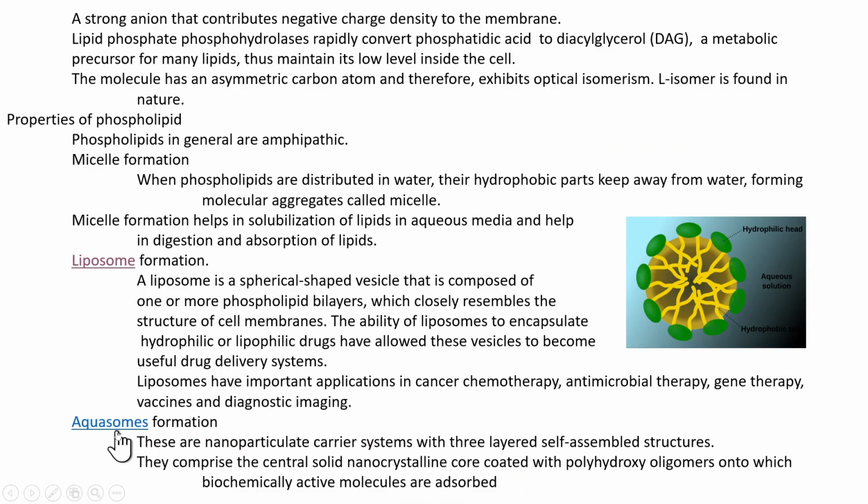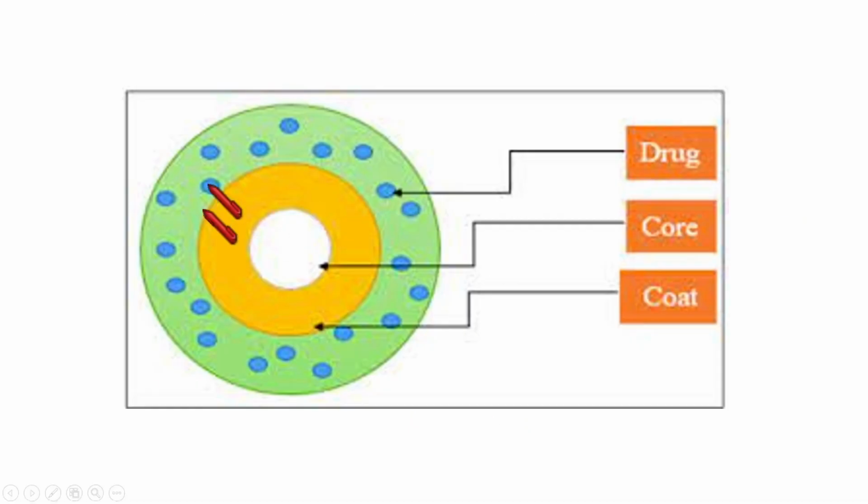Before that, I will show you the structure. This is an aquasome. Here we can see the drug adsorbed over that oligomer coat, and inside, the nanoparticulate core gives stability, and this oligomer coat stabilizes the drug adsorbed to the surface of this coat.